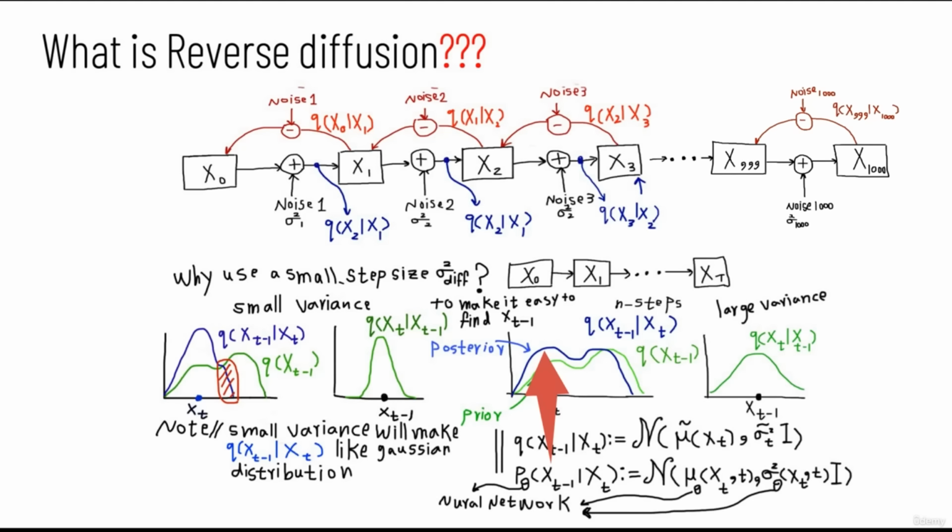Now we will try to make this posterior distribution or target distribution better. Or in other words, we will try to reduce the range of possible values of the xt minus 1 variable given the value of the xt variable. Now we took the value of the xt minus 1 variable from this prior distribution. Okay, now we will add a Gaussian noise with small variance.